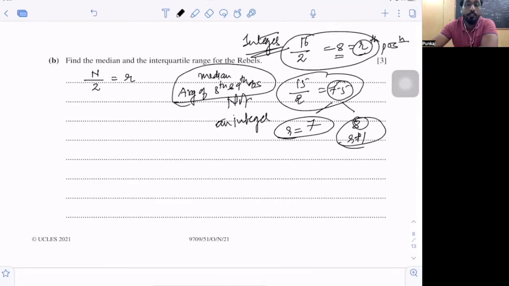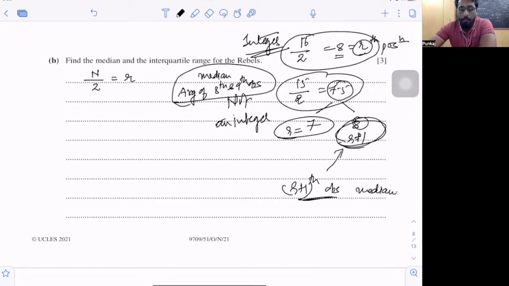You want to remember this. This is how you find the median if the value of n over 2 is an integer. And if it is not an integer, then the r plus 1th observation becomes your median. Very simple.